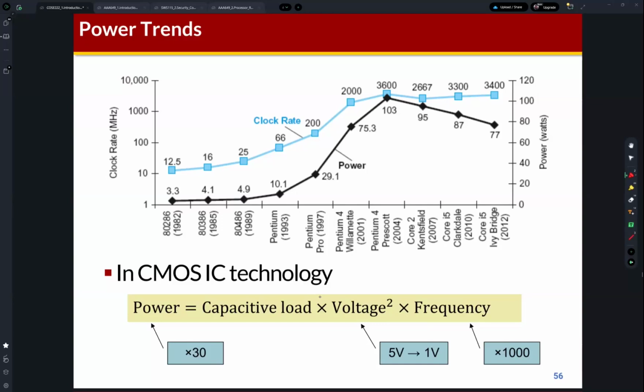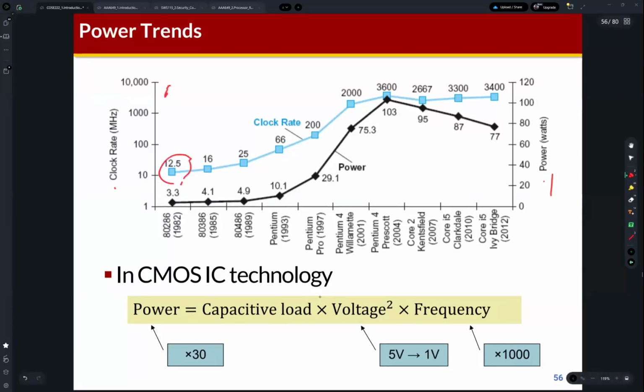As you can see, you can find two y-axes here. This axis represents the clock rate, the clock frequency. And this is the power consumption. You can find that this is the log scale and this is the linear scale. In 1982, the clock frequency was 12 megahertz.